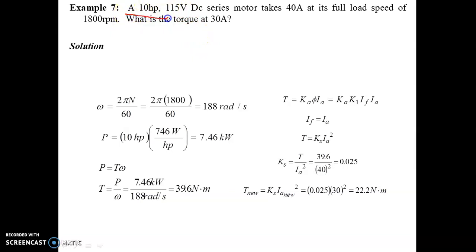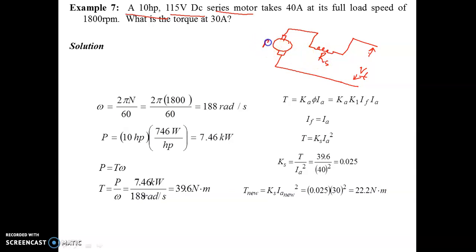A 10 HP series motor. If you see its diagram, it is like this. This is the series motor, and its field winding is like this. Here Vt is the terminal voltage, and this is your series field, RS.